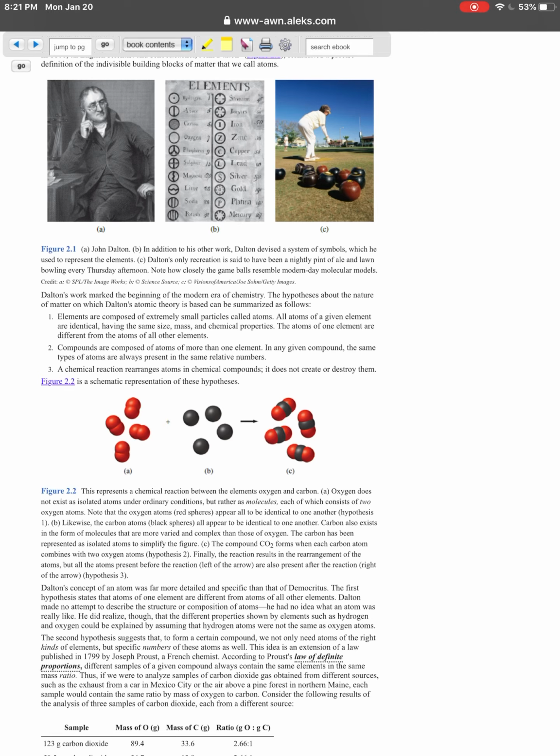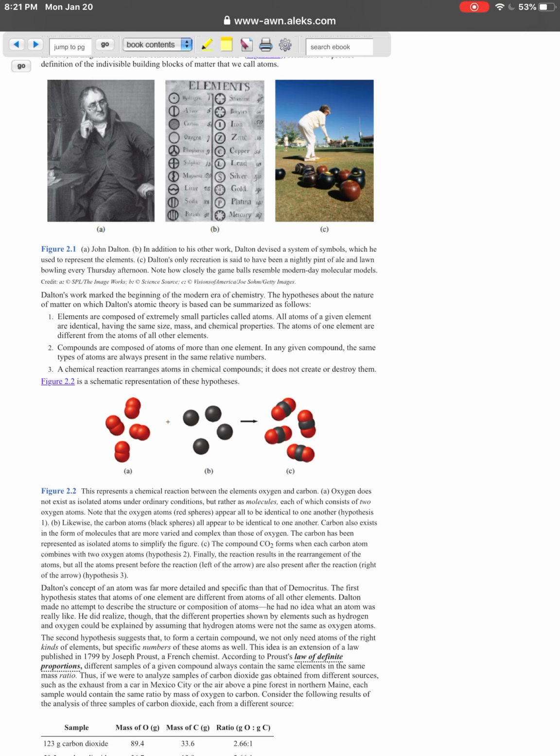So you can't have one type of hydrogen and another type of hydrogen. You can't have more than one type of oxygen. Every oxygen atom is identical. And compounds are really combinations of atoms from two or more elements. So for example, water is a combination of the element hydrogen and the element oxygen.